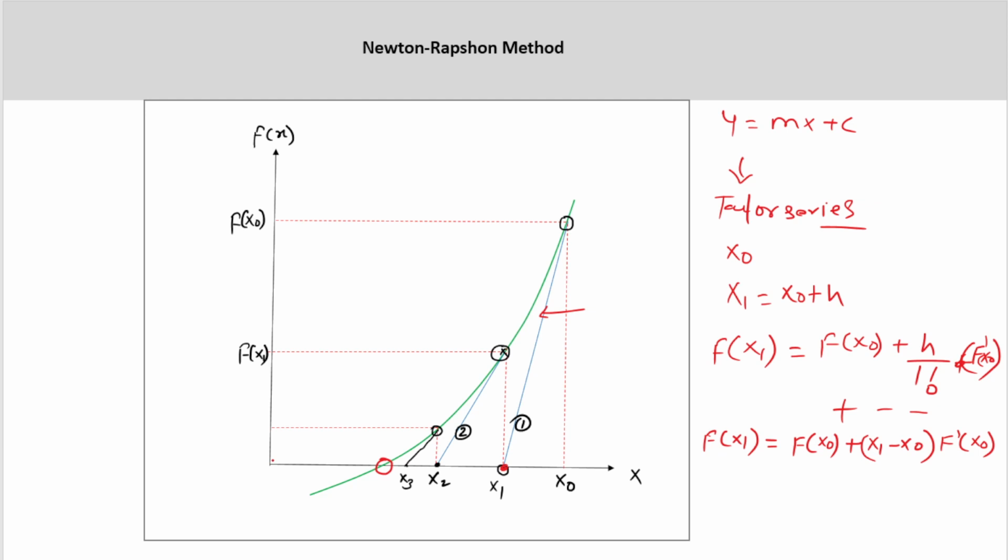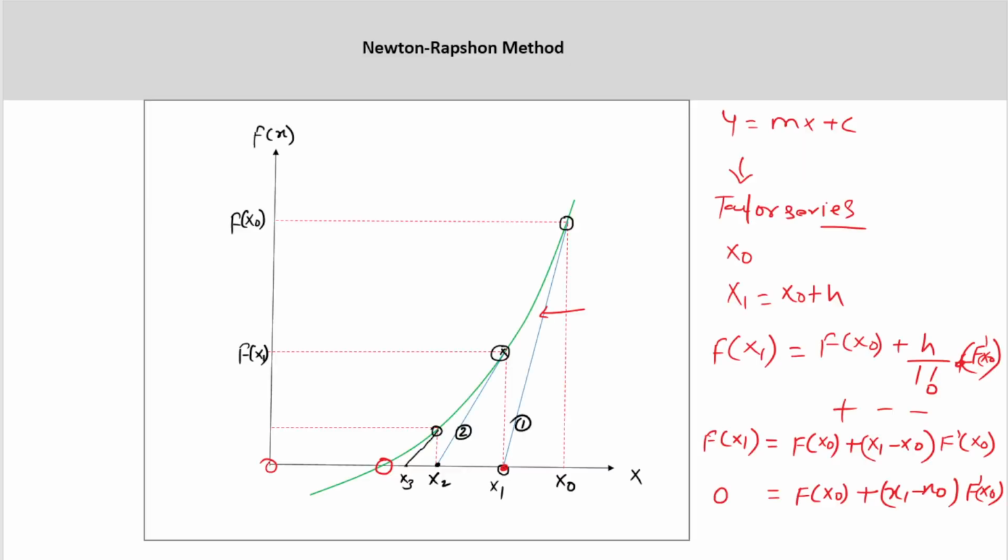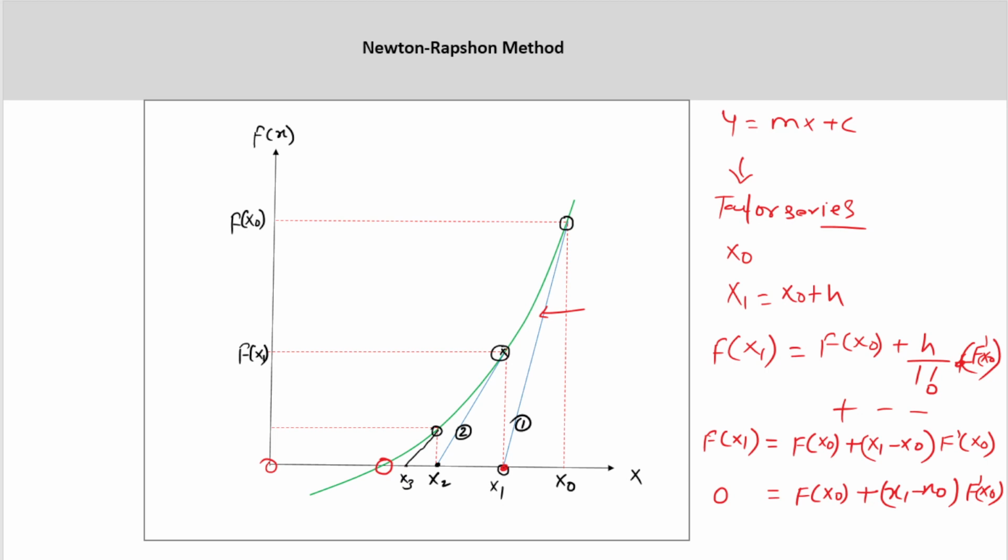Here the function value is 0. So this will be 0, equal to f of x0 plus x1 minus x0 times f dash x0. So now in the next step we will determine the value of x1.